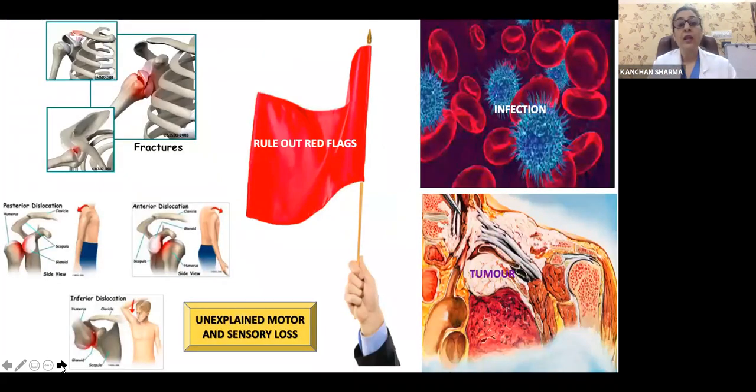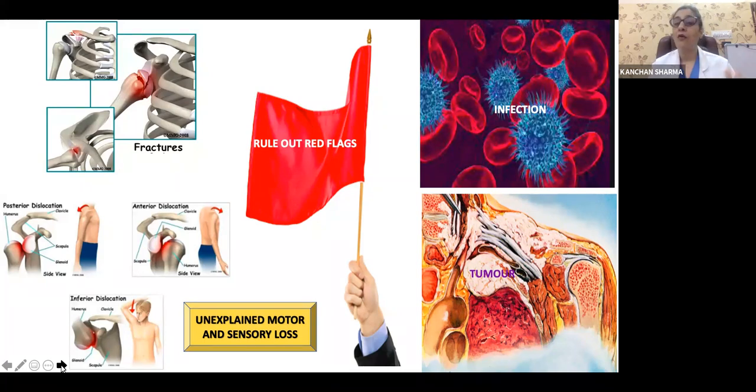So let's see. Before beginning the class, I would like everyone to remember these five things, just get them imprinted inside your brain very nicely, so that whenever you take the history of any patient, these things should be at the back of your mind. They are the red flags.